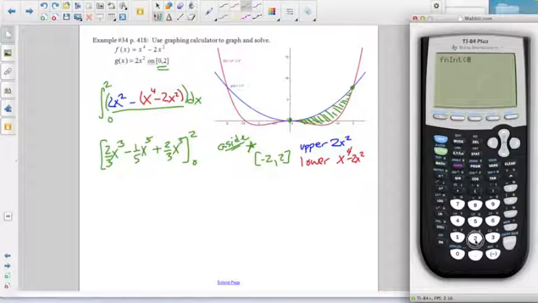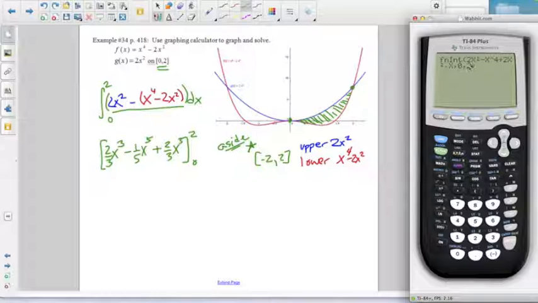So we've got 2x squared minus x to the fourth power plus 2x squared. And the variable of integration is x, and the lower limit is 0, and the upper limit is 2.